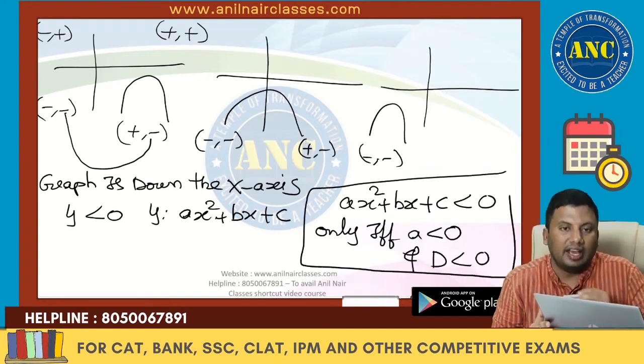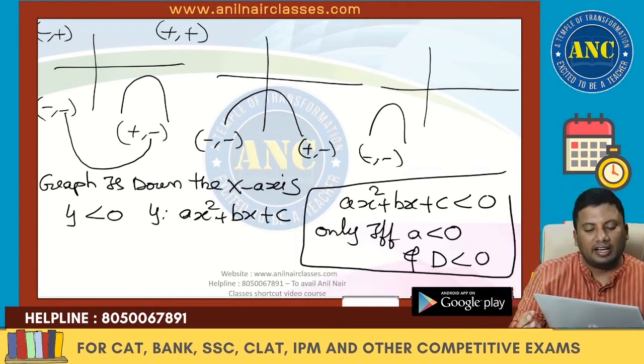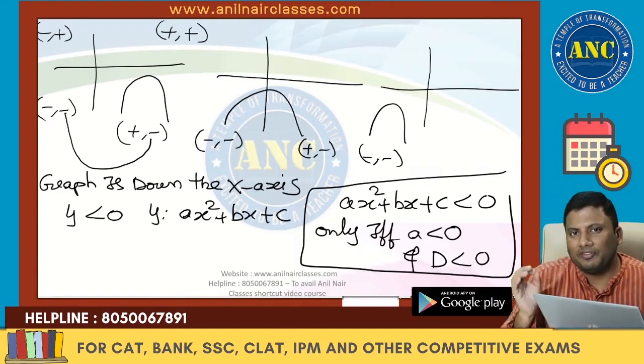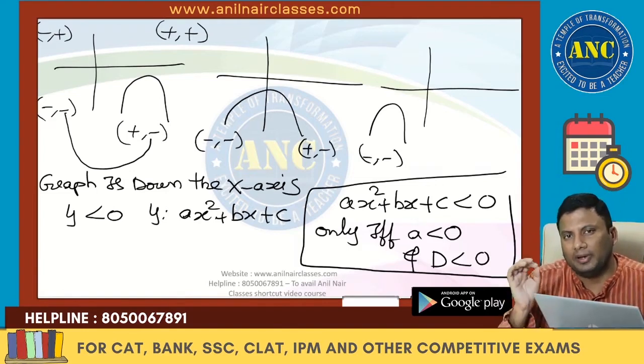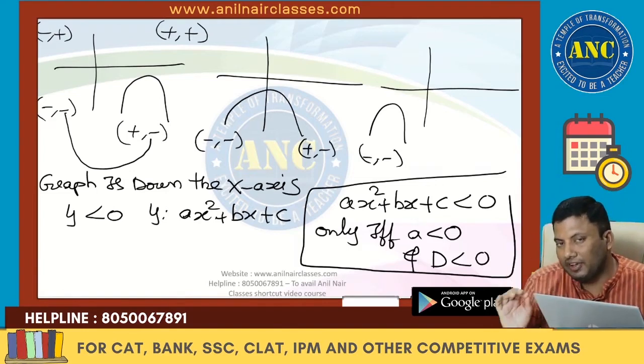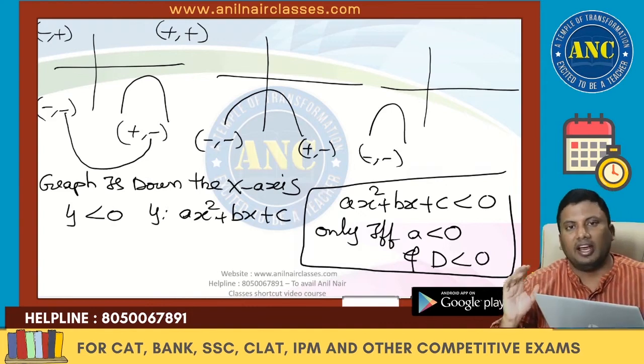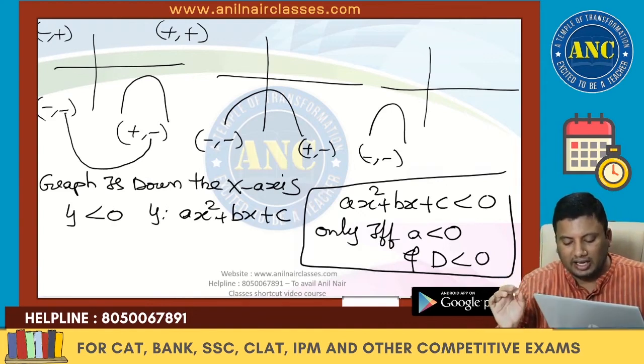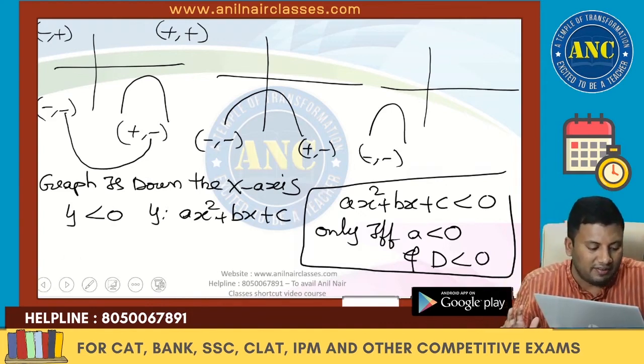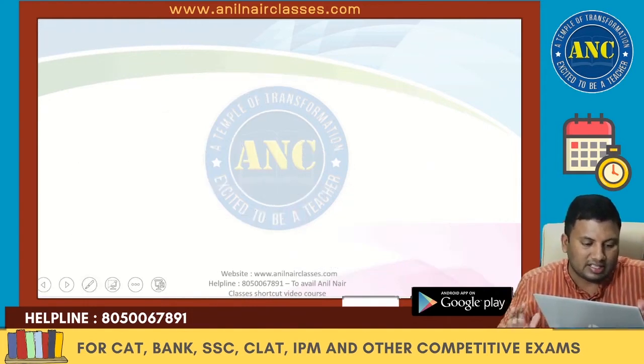The quadratic expression will be less than 0 only if a is less than 0 and d is less than 0. Very, very important. Next slide.